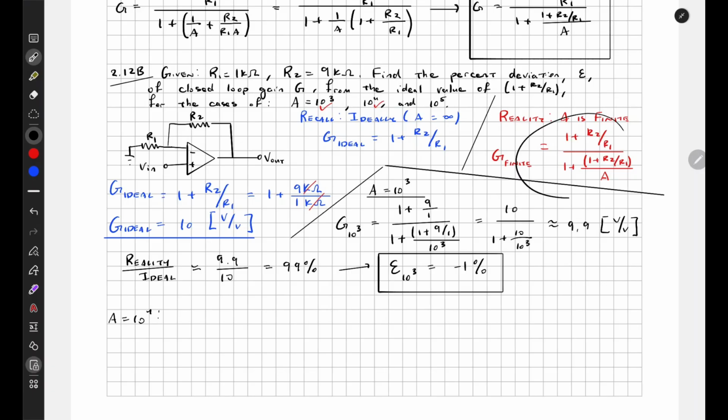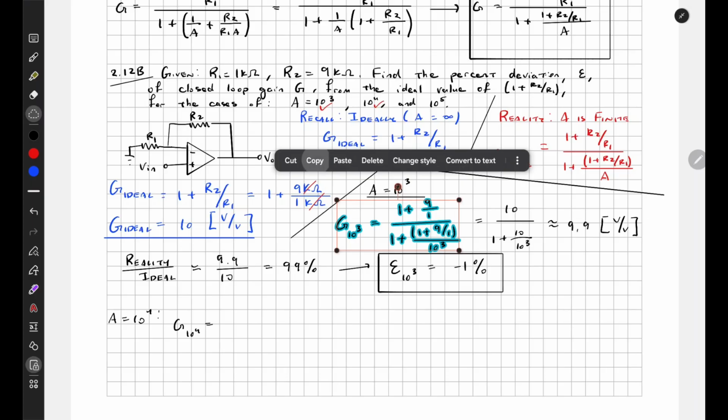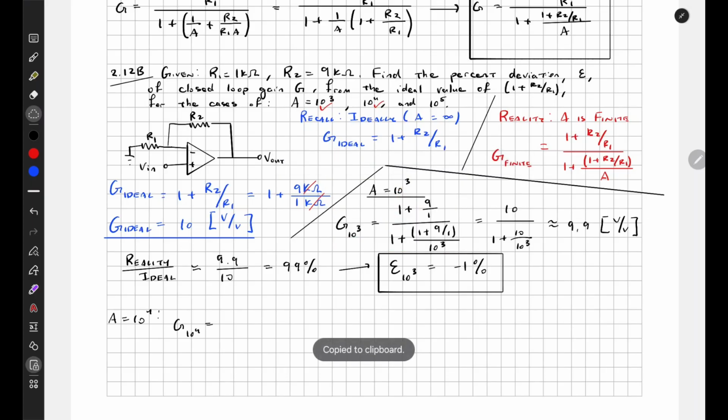Same thing. We're just going to plug it back into these equations here. It's going to be the same resistor values, so I'm just going to copy this, with one modification.